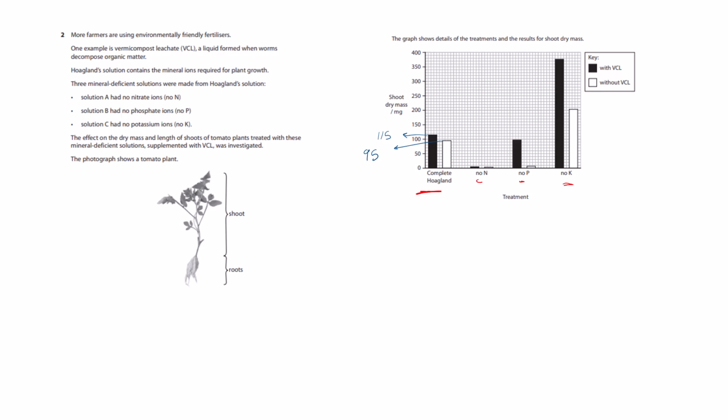Notice how with the potassium and with the phosphorus, with the VCL gave a higher amount of dry mass. With the no nitrogen, it's almost the same level. However, I can't see if it's exactly the same, but it looks about the same, and it's very low. Also with the complete whole glands, you can see that there is more growth with the VCL.